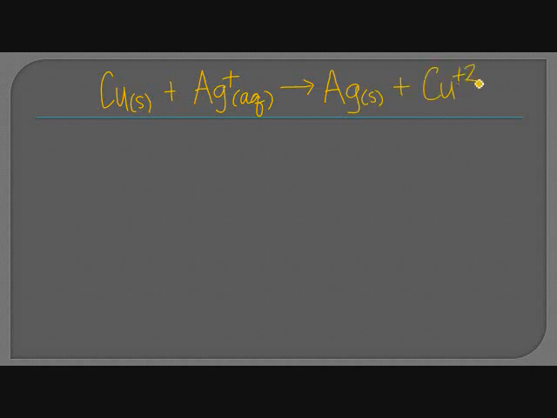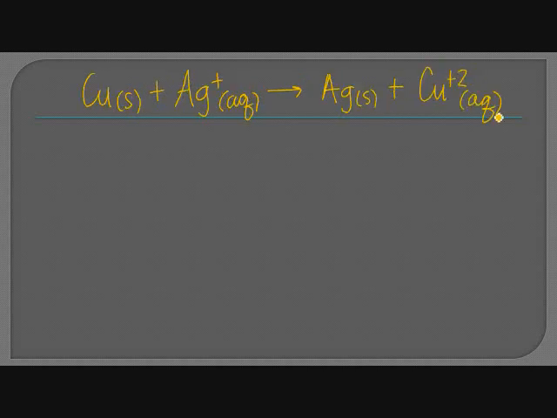So that's going to turn into copper solid plus silver ion aqueous, and silver has a +1 charge, to form silver solid with no charge and copper with a +2 charge aqueous.